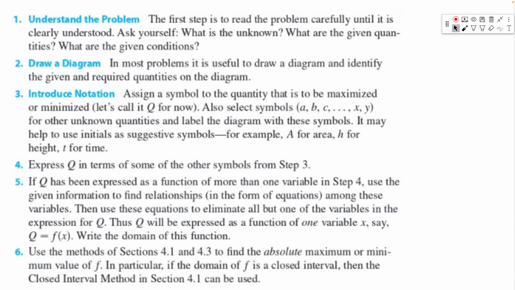The important part, especially in engineering, is to label what we call X, label what we call Y, or whatever variables we use, so that when we get our answer, we know what it means, right? And we express things, usually as Q, because we're looking for some quantity that we want to either maximize or minimize. And then we get it all set up. That's again the hardest part.